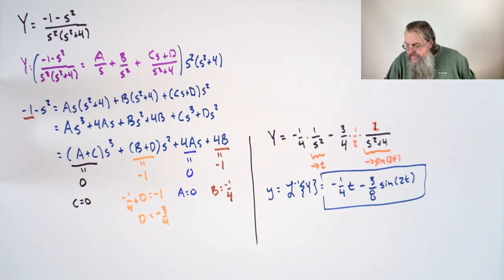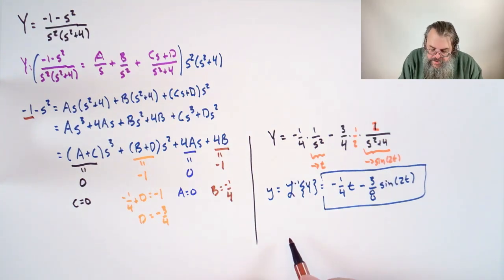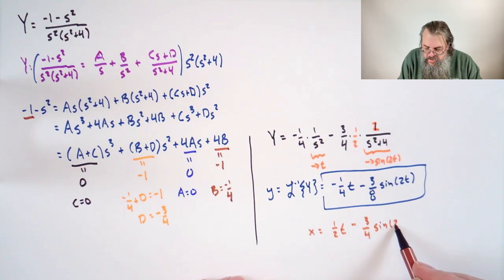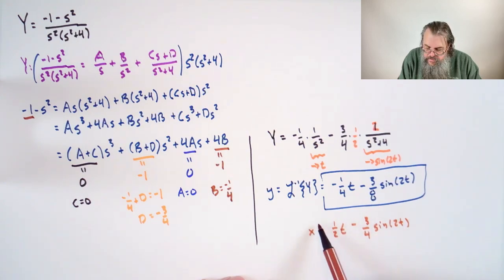Done. Just so that we have them side by side, we'll copy again the answer for x, which is 1/2 t minus 3/4 sine of 2t. So there we go. There's the whole answer, both for x and for y.